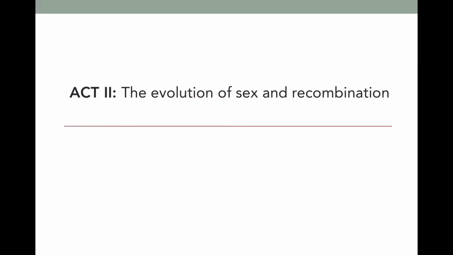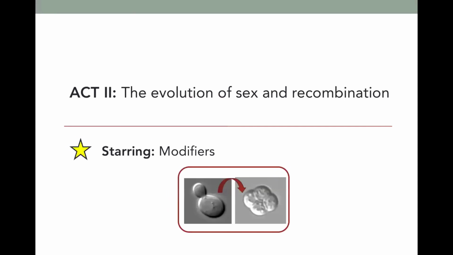And that suggests that I'm talking about a group selection level advantage. But I want to shift in this second act to talk about how the evolution of sex and recombination can occur within a single population. And to describe how that's possible, I need to introduce another concept, and that is the concept of a modifier locus.